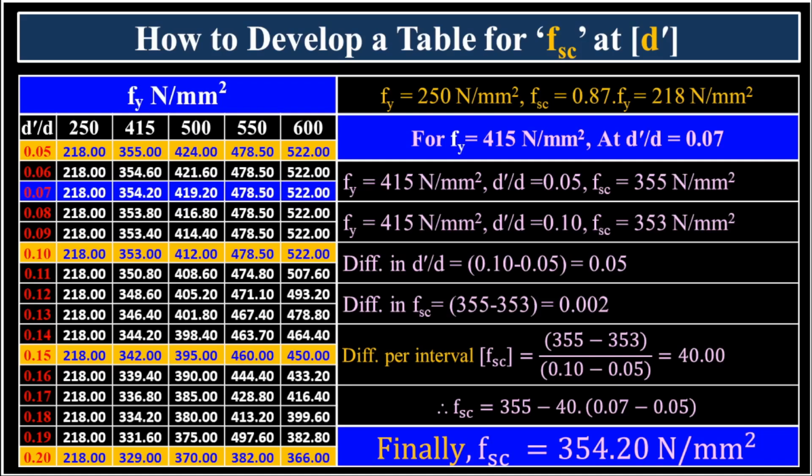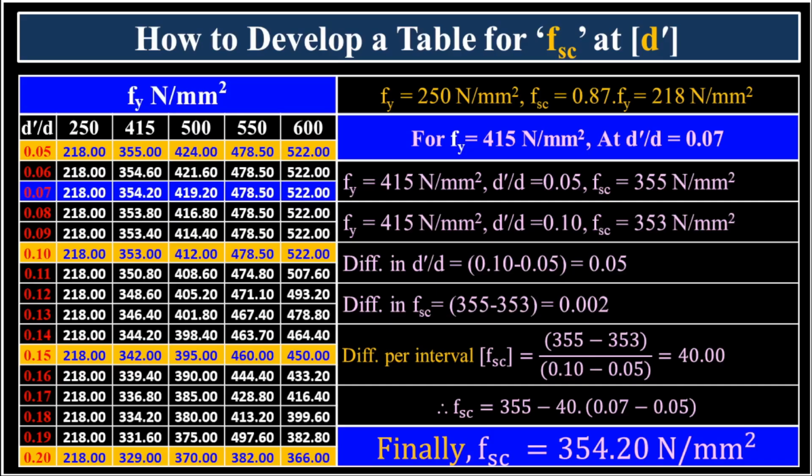On the left side of your screen, you see a table with Fy in Newton per square millimeter across the top, ranging from 250 to 600. Down the left column, we have the d/d ratio, from 0.05 all the way up to 0.20.